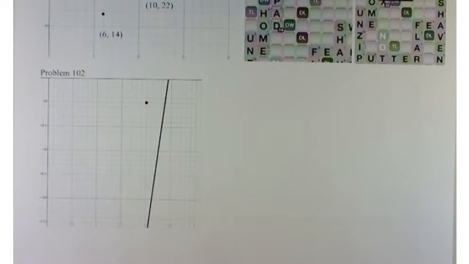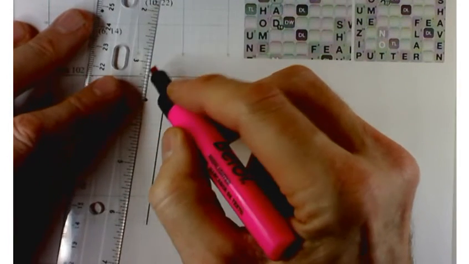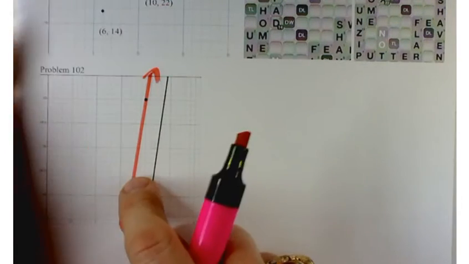What I want to come up with in problem number 102 is the equation of a line that passes through this point and is parallel to this other line. So this is what I want to come up with, the equation of this line.